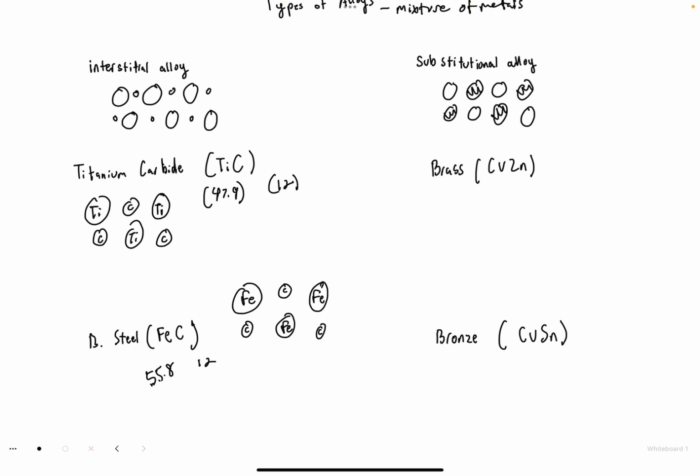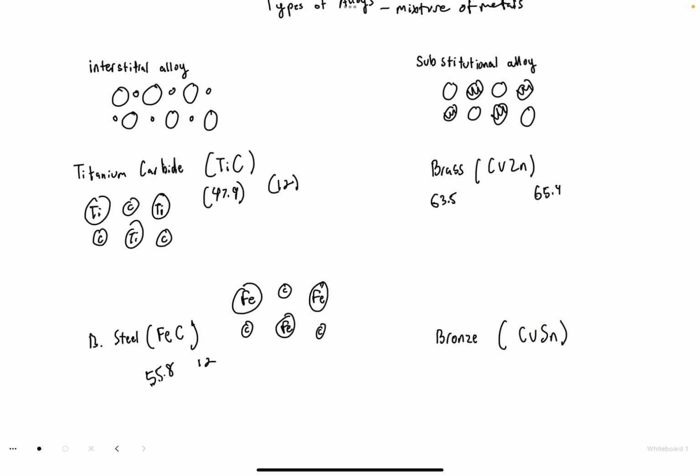When we look at substitutional alloys, brass is CuZn. So copper is around 63.5, and then zinc is around 65.4.